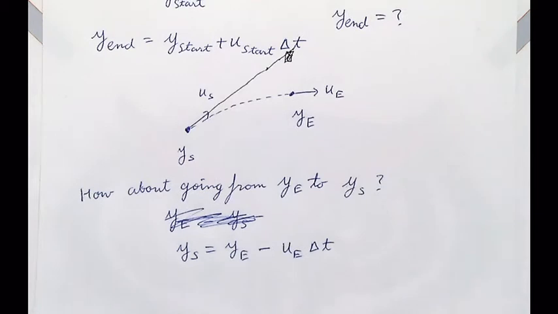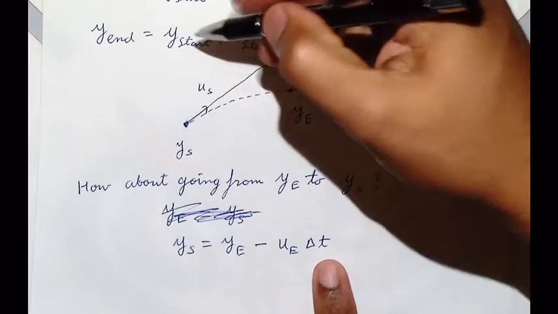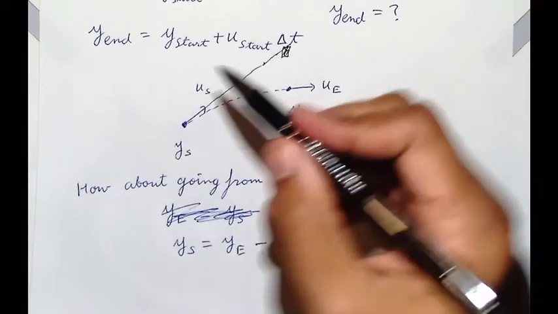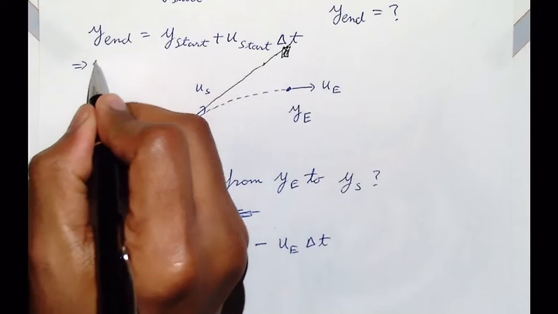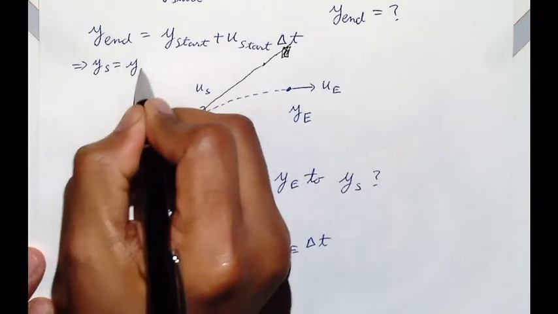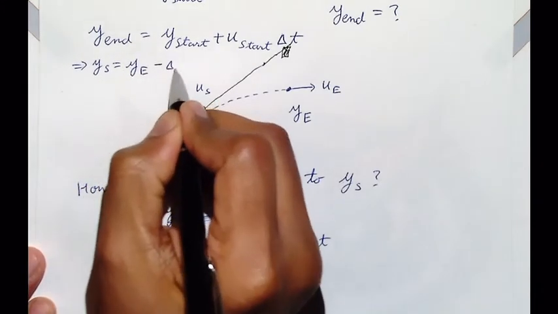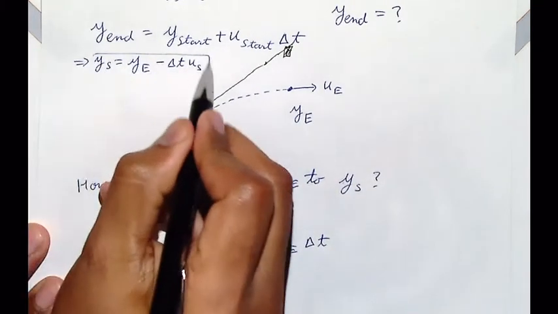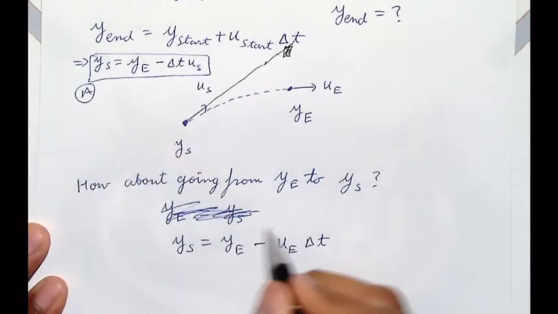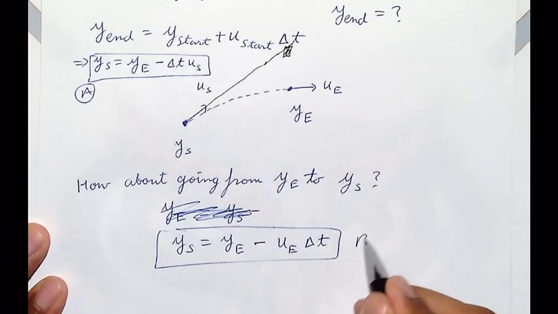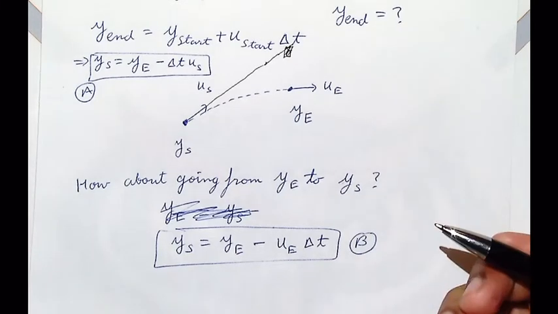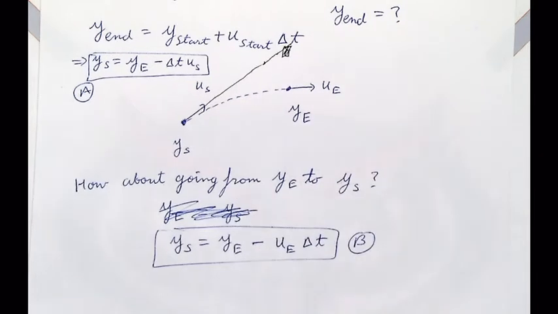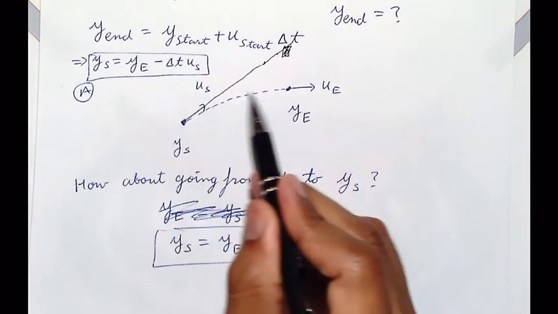So these two should be equivalent, but they're not. Here, if we say this implies y start is y end minus delta t u start. Now we see we have two different approximations for the same thing. And the reason for that is u is not constant in time, it changes. So yeah, here you will end up somewhere over there.